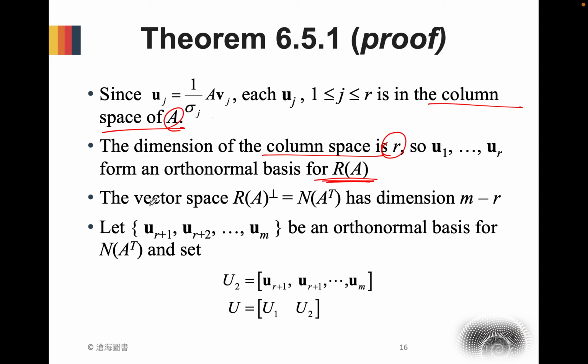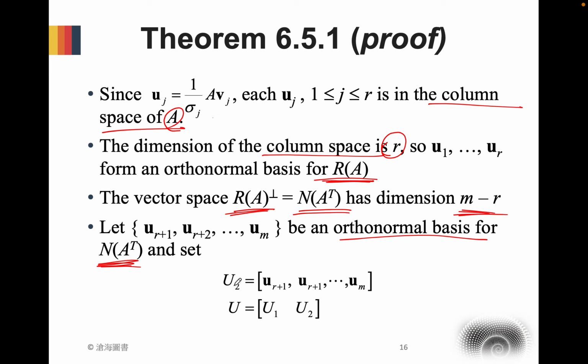And then the orthogonal complement of the range of A is equal to the null space of A transpose. Then the null space of A transpose has dimension M minus R. And let UR plus 1 to UM be an orthonormal basis for the null space of A transpose.